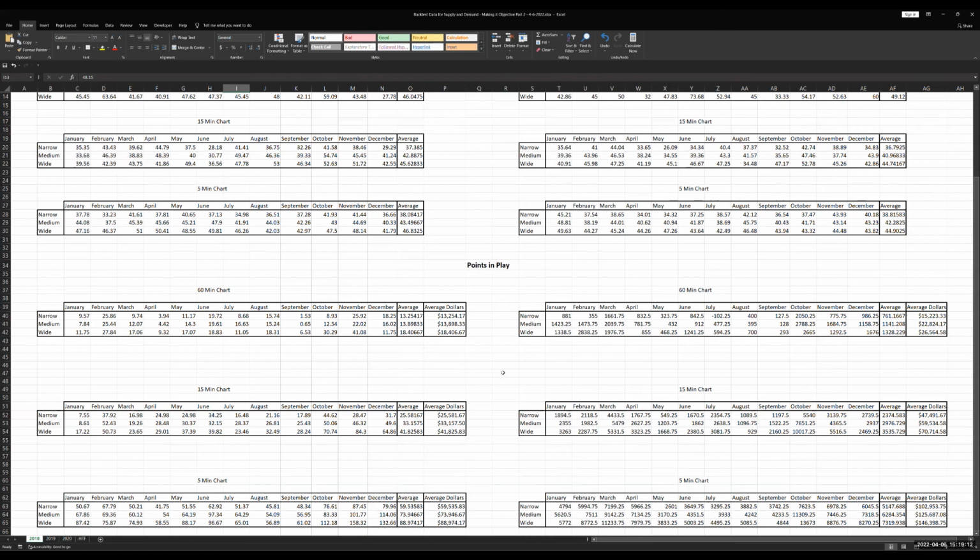So here's the points that are being put on the table. Now, for those not familiar with futures, futures are a leveraged asset. And so a 1 point change in futures is not going to correspond to a $1 change that you'd have in stocks or something.